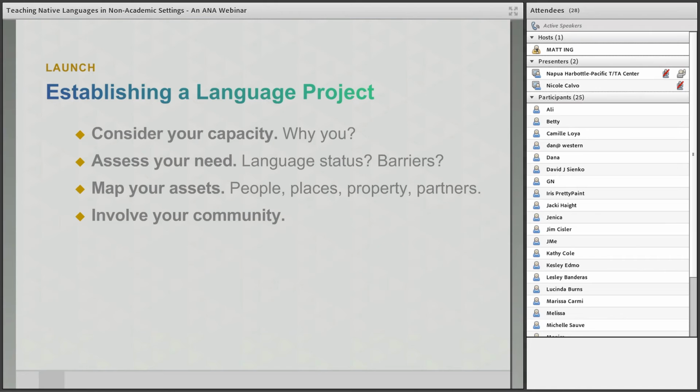And many of our languages are in dire need of revival. And so you need to have your community. Remember, language is meant to communicate with each other. And so if your community is not using language to communicate to each other, then it becomes just an academic exercise. So you really need to involve your community with your language project.